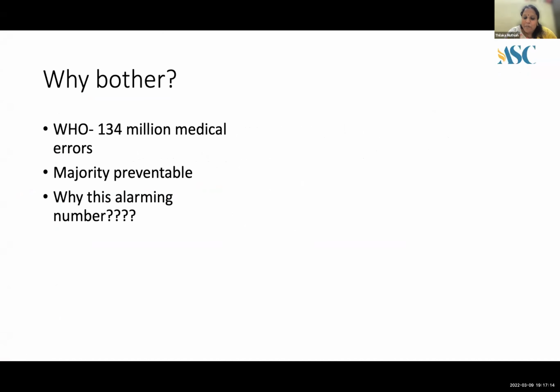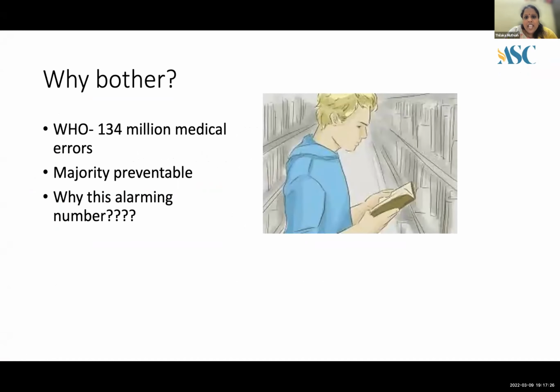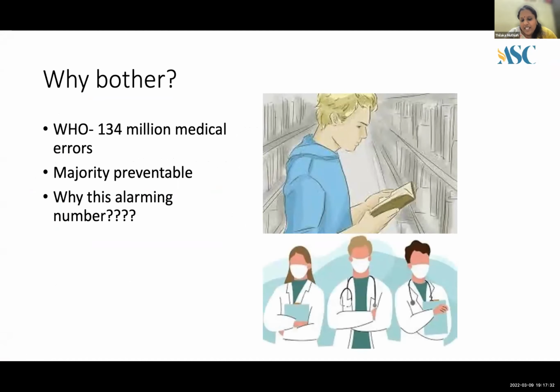It is estimated that over 134 million medical errors occur every single year, the majority of which are preventable. The most intriguing question is why these alarming numbers, even when the majority of healthcare providers are reasonably knowledgeable and largely conscientious. Now, the answer is pretty simple.